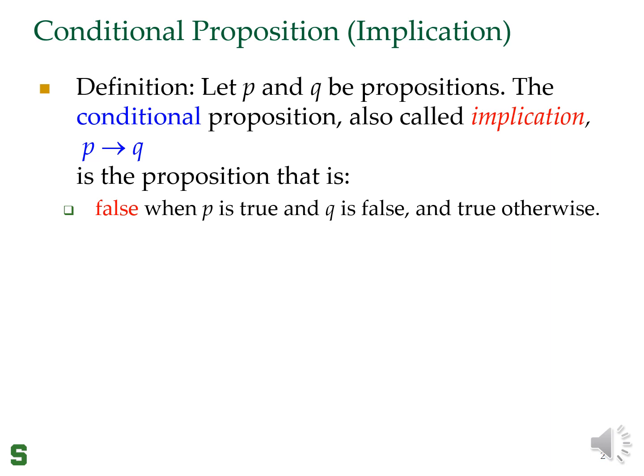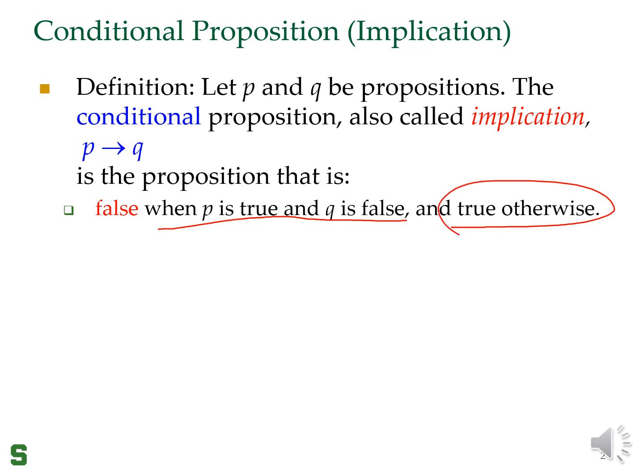So P implies Q is going to be false only if P is true and Q is false. That's the only time the implication is going to be false. If P is true and Q is false, then P implies Q is going to be false. Otherwise, it is going to be true.